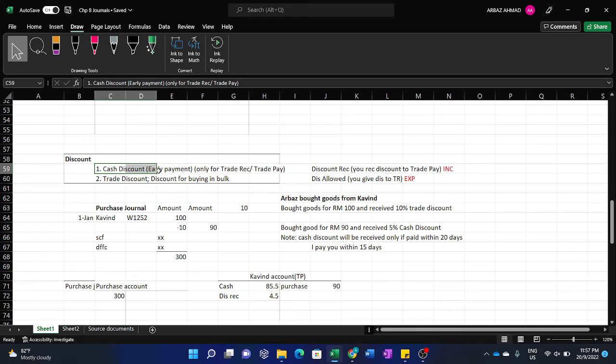Cash discount is given on early payments. So for example, if you buy the goods from me and you ask me, can I pay later? And I will be like, okay.